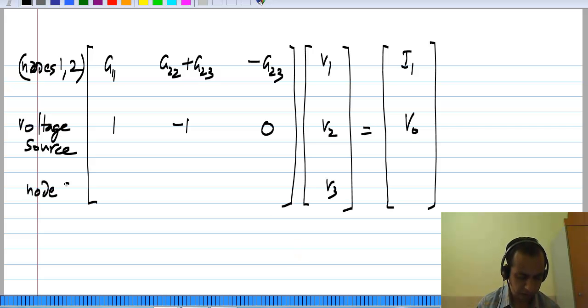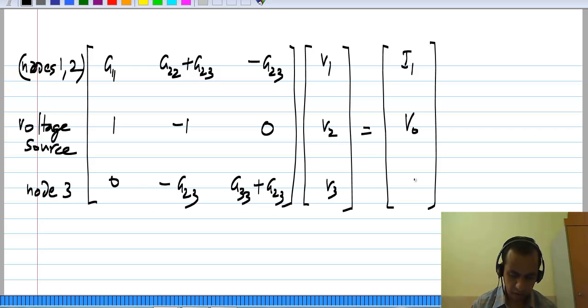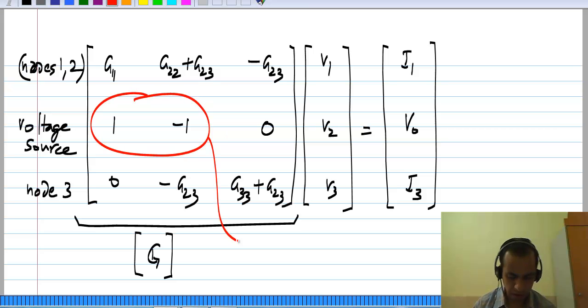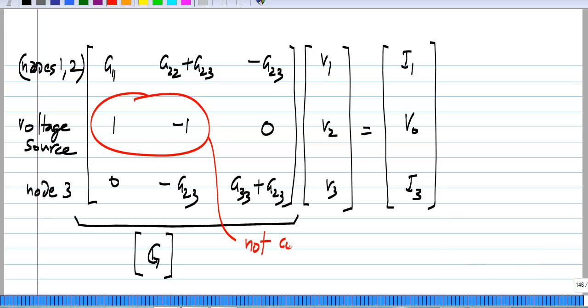And finally, we have the equation for node 3, which says that G33 plus G23 and minus G23 will be equal to I3. Okay. So this is the G matrix. I will continue to call it the conductance matrix, but these are not conductances.